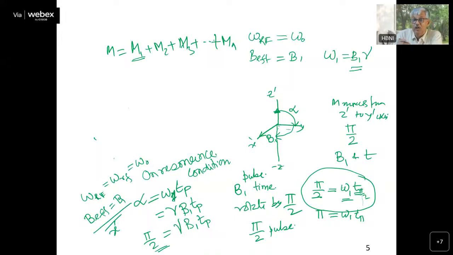But when you have many nuclei which do not have the same resonance frequency, then you will have difficulty. It may be on resonance for one particular set of nuclei, but it will be off resonance for other nuclei.